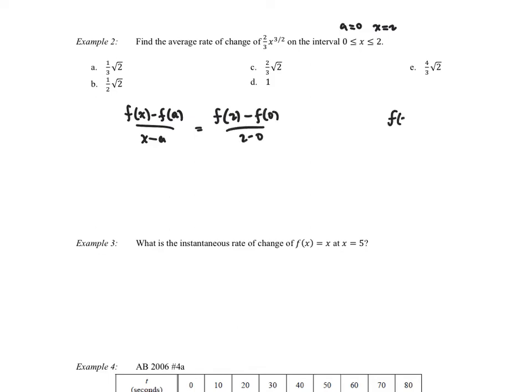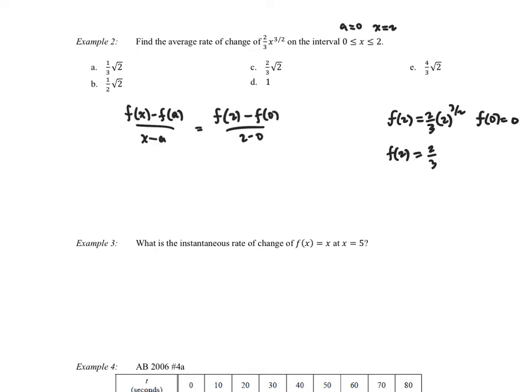So f of 2, we have to do a calculation. f of 0, we have to do almost no calculation. I plug a 0 into that function, I'm getting 0. So what if I plug a 2 in there? I'd get 2/3 times 2 to the 3/2. So 2 to the 3/2 is the same as 2 cubed, and then taking the square root of that.